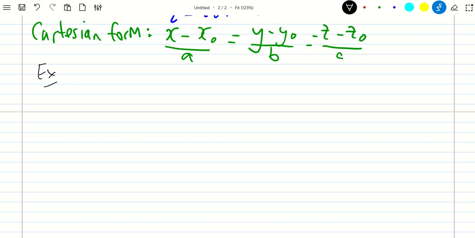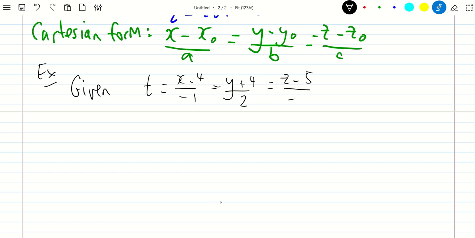Given an equation t is equal to x minus 4 over -1, y plus 4 over 2, and z minus 5 over -3.